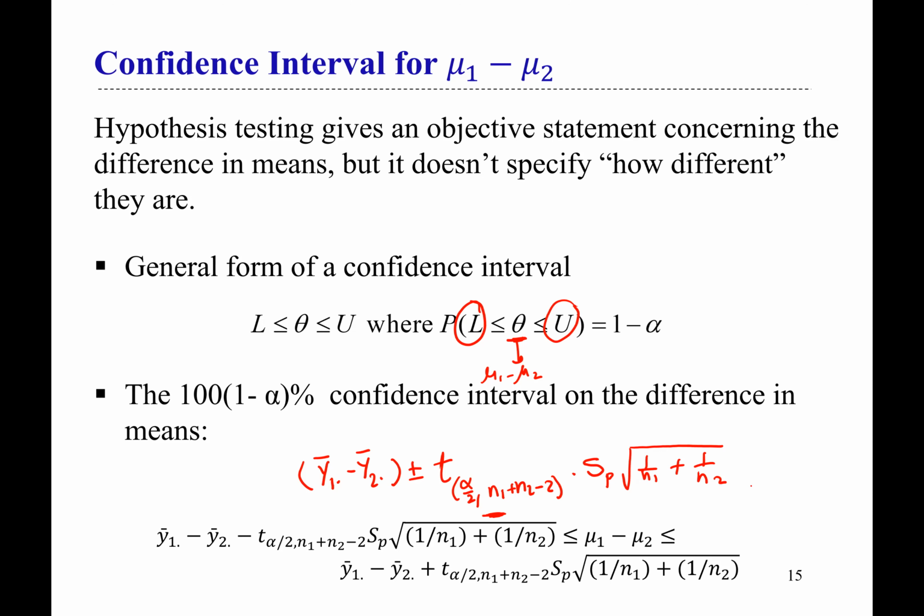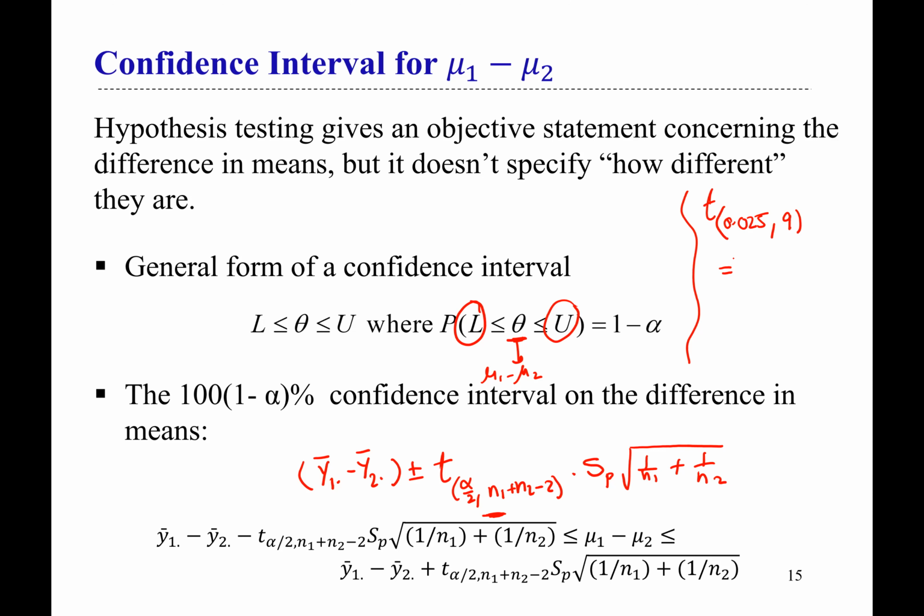So you can go to the t distribution and find the t value at alpha over 2. Alpha is 5%. 5% divided by 2 is 0.025. And degrees of freedom n1 plus n2 minus 2. So 5 plus 6 minus 2 is 9. So you go to the table, find this t value, and plug it into the equation.